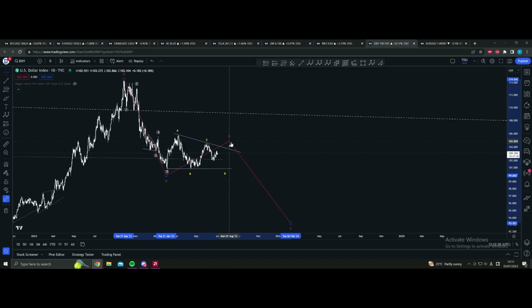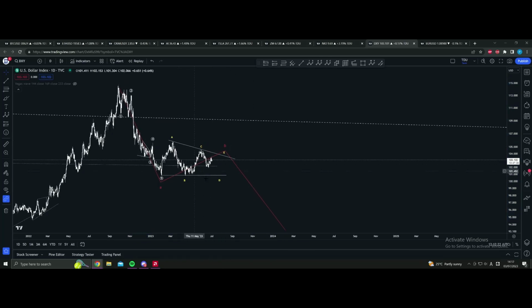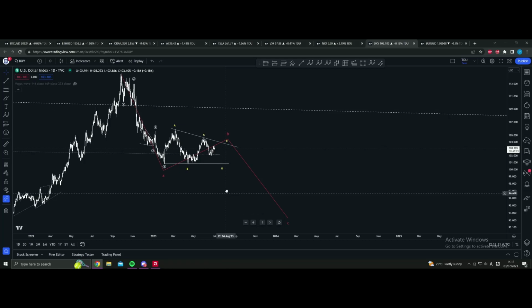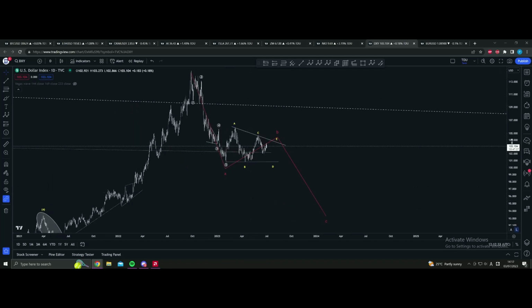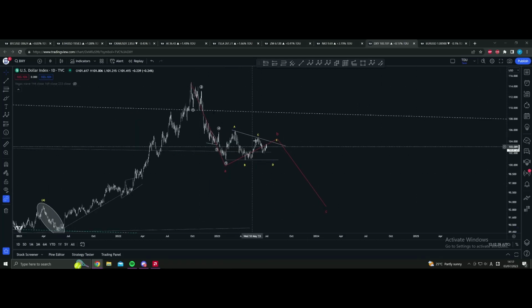But if this becomes a triangle, since it's time consuming and it's already way too big to be considered as part of an impulsive structure here on the left, then we have a zigzag structure, because triangles cannot be part of waves 2.